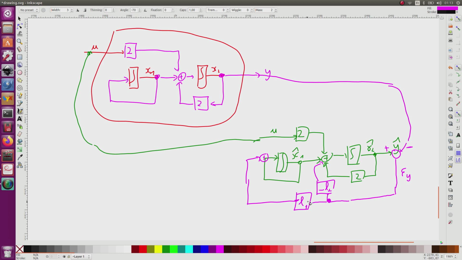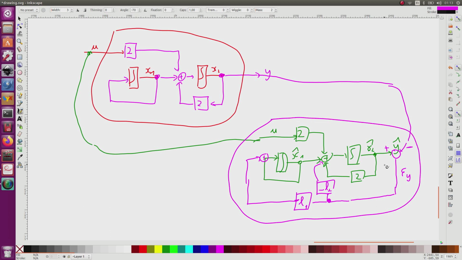Now the difficulty is to find L1 and L2. This is the observer. So there is inside a simulator plus a correction.